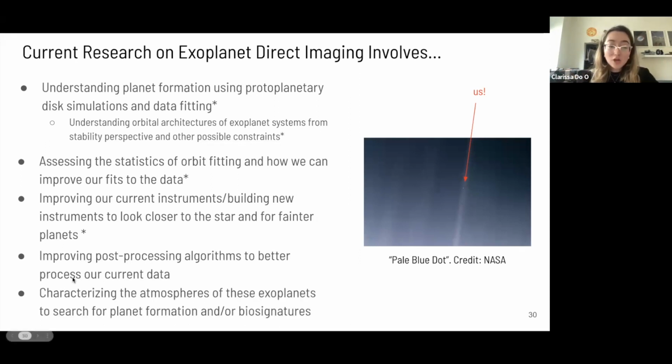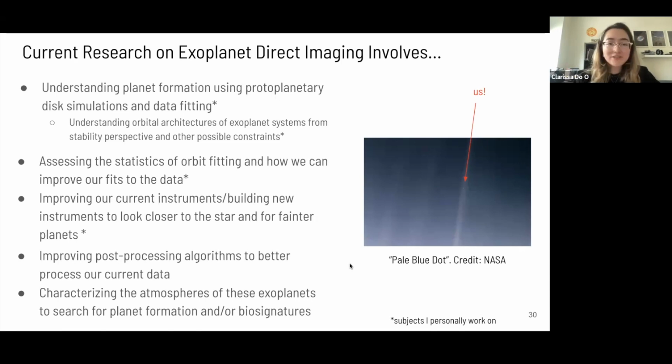And also, there's a lot of work going on in characterizing the atmospheres of these planets to search for planet formation clues or even biosignatures. And I have highlighted in asterisks the things that I personally work on. But we actually have many more things going on in direct imaging, hopefully with the idea that one day we can actually directly image something like an Earth-like planet around a sun-like star.